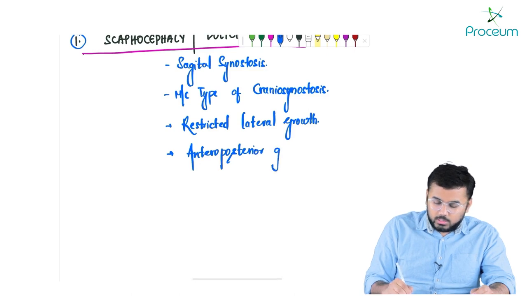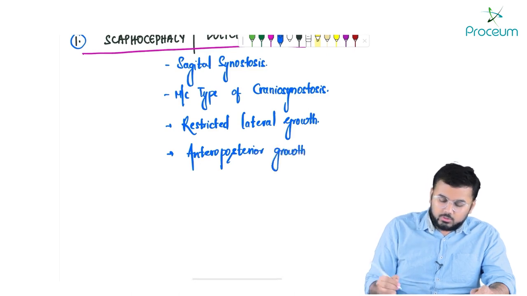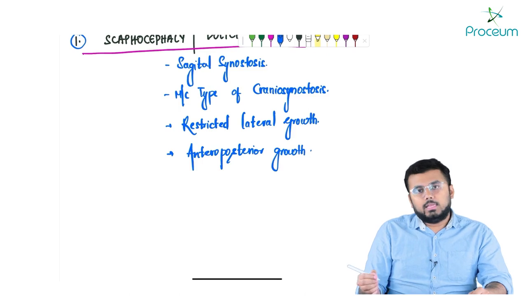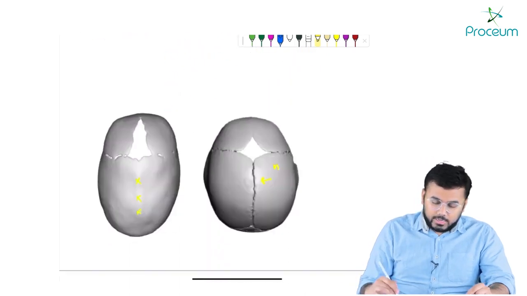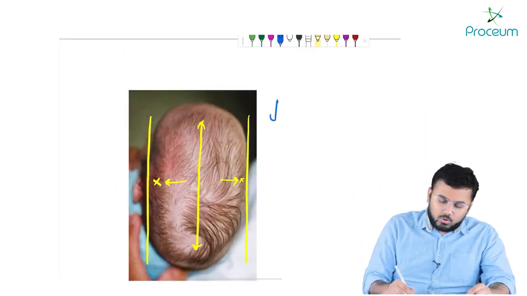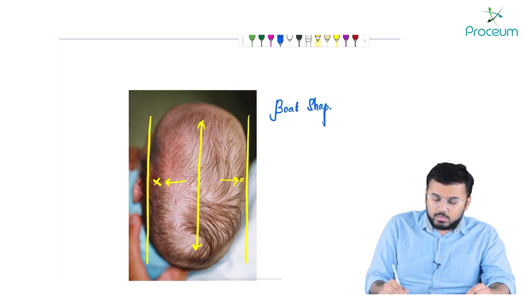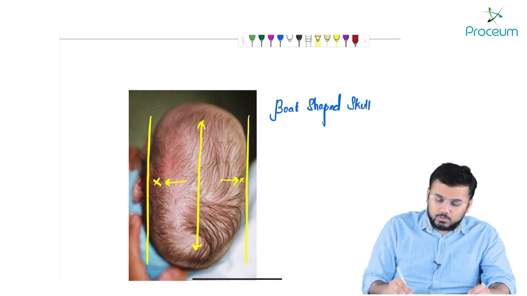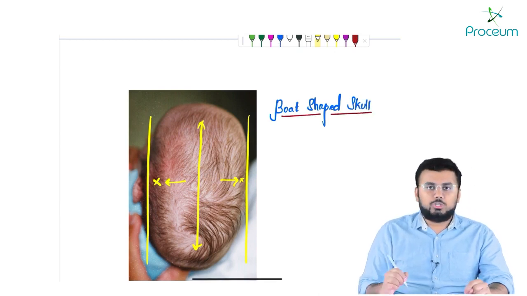Anterior posterior growth is maintained. So there is restricted lateral growth, hence anterior posterior growth is maintained. And such a type of skull, you call it a boat shaped skull.